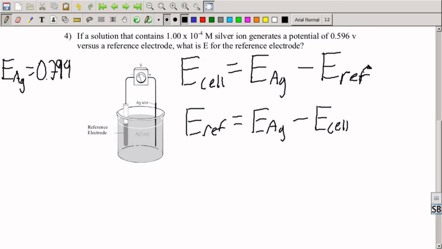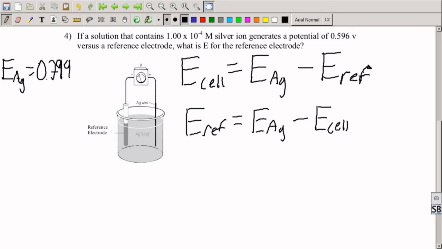And you want to pay close attention to this, because if you're asked for some other ion, say for example iron, you've got to make sure you pick the right half potential from the standard potentials chart, because there are 3 for iron and there are also 3 for copper. All right, for iron, there's iron 2 to iron metal, there's iron 3 to iron metal, and there's also iron 3 to iron 2. So you have to make sure you know which one you pick.